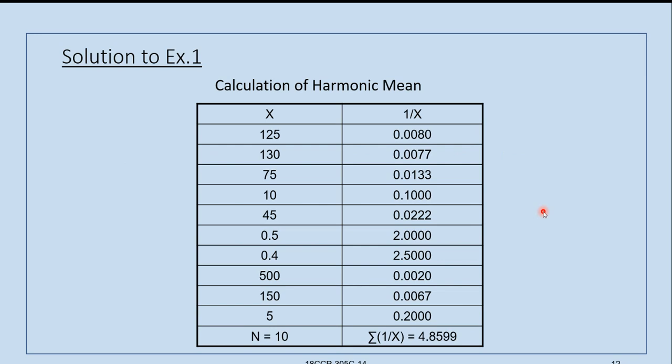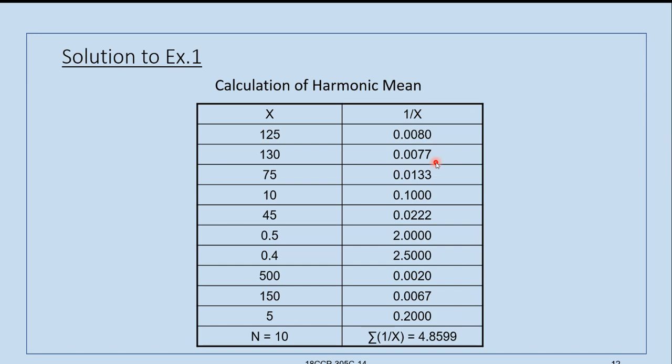Here, as I said, we are taking X in the first column, N is equal to 10, that is, the total number of items is 10. And here 1 by X. So 1 by 125 is 0.0080. 1 by 130 is 0.0077.